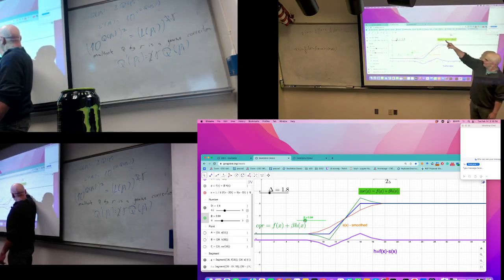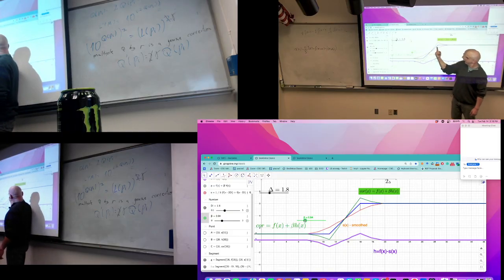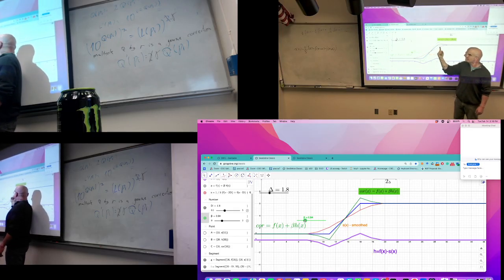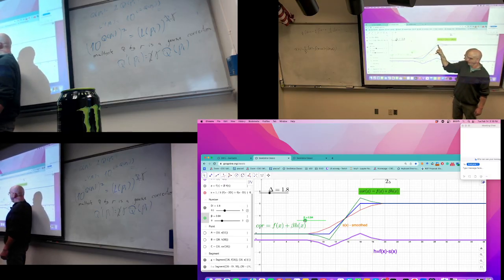If this would be s of x, and I'm adding to it h of x, what's the intuition? s of x plus h of x brings me back to the original function. So if you already get to the original, then try to get even further away in the direction that you went from s to f.